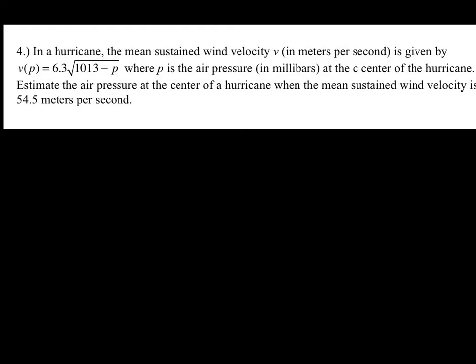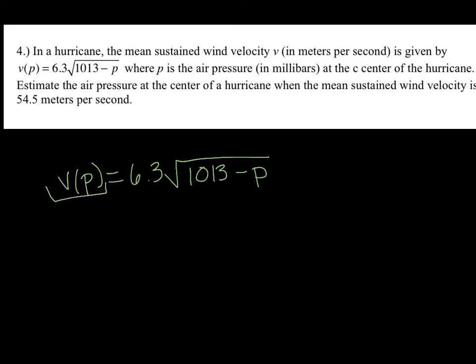So let me write this down. V of P equals 6.3 times the square root of 1013 minus P. So if this is your velocity, that's where we're going to plug in 54.5.